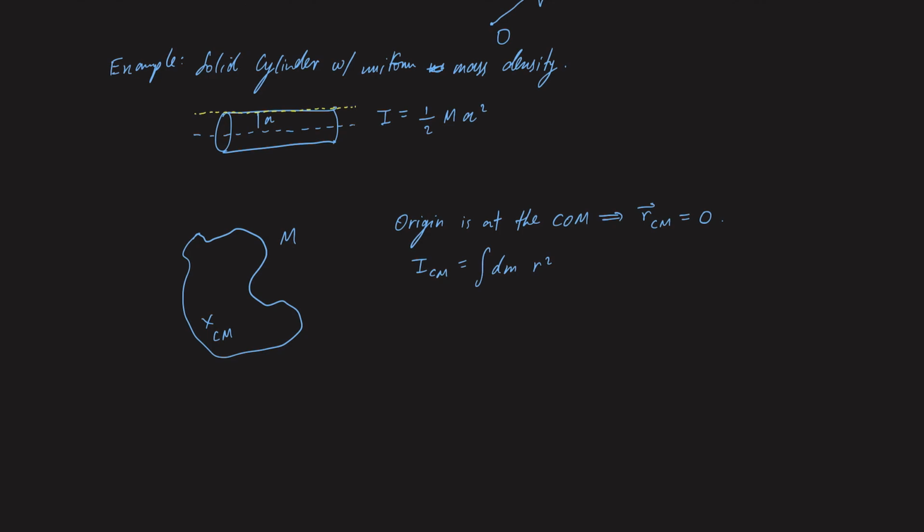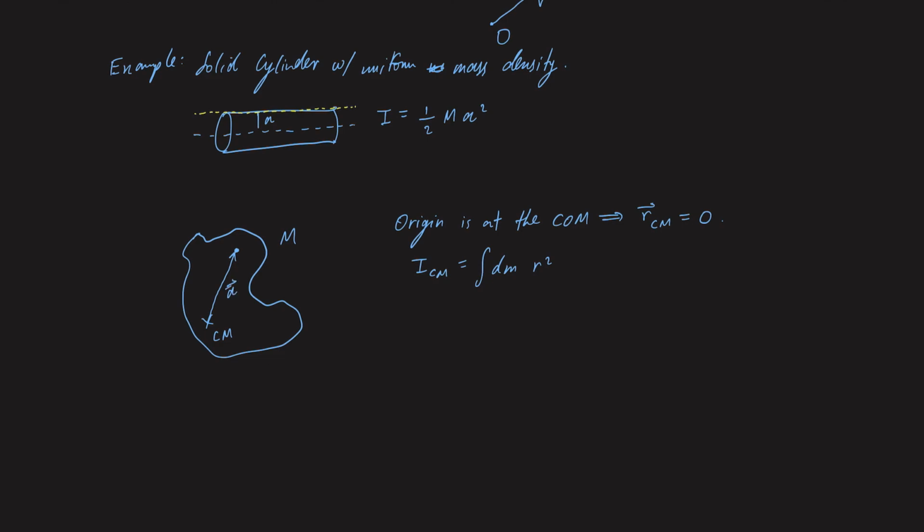Now let's say we wanted to calculate the moment of inertia for this object through an axis that passes through this point right here. This is a new origin, and we'll say that this point is located at a distance, let's call it vector a.